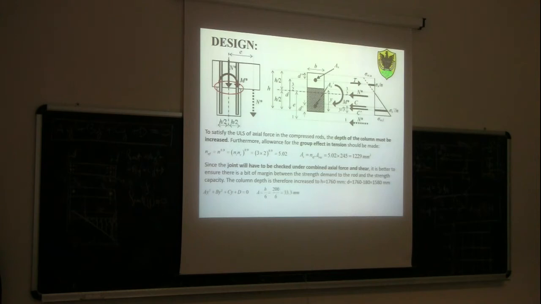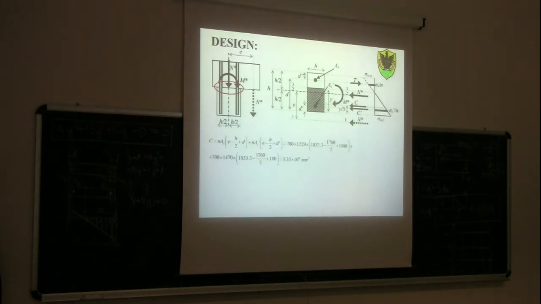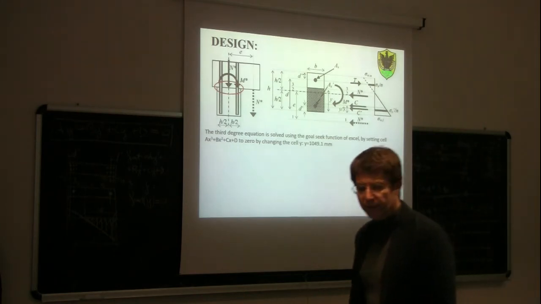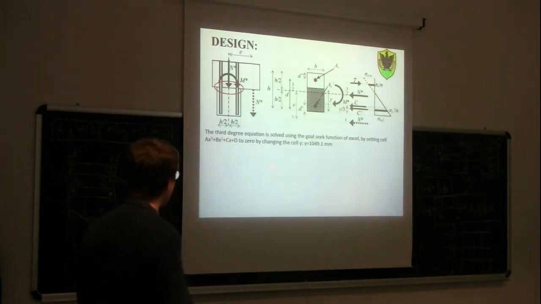We have to recalculate the 4 coefficients, so A, B, C, and D. And then we need to solve again the third degree equation. If we solve the third degree equation exactly as we did before, now we find out the position of the neutral axis given by 1,049.1 millimeter.